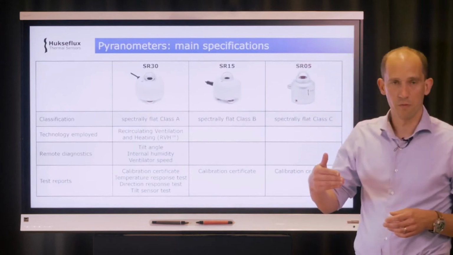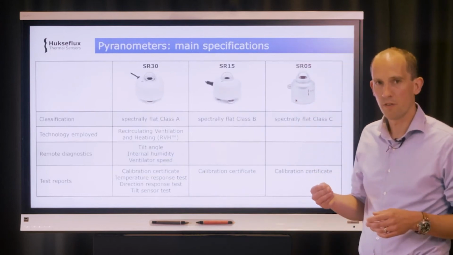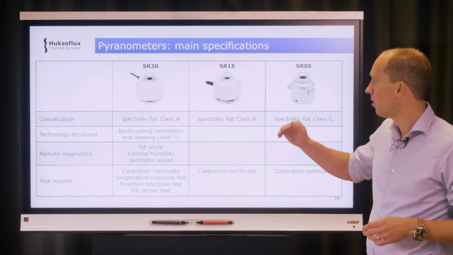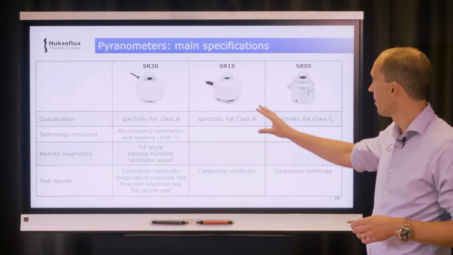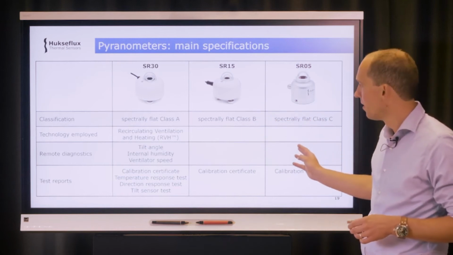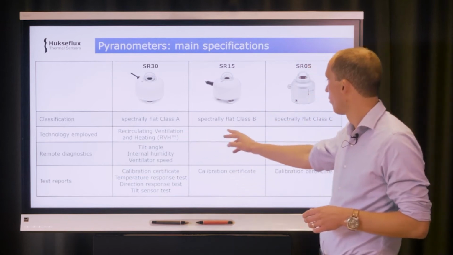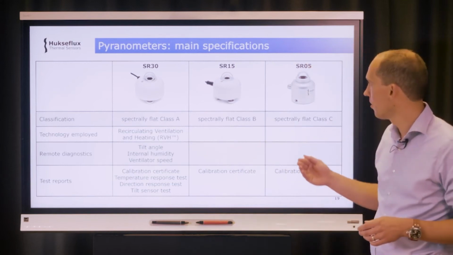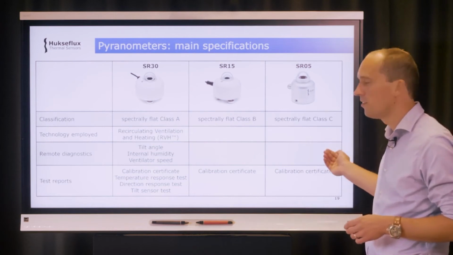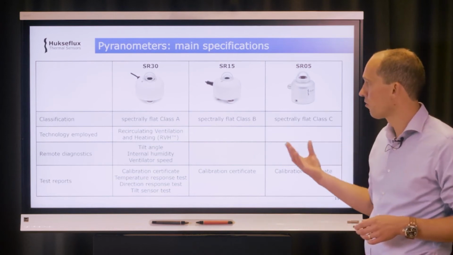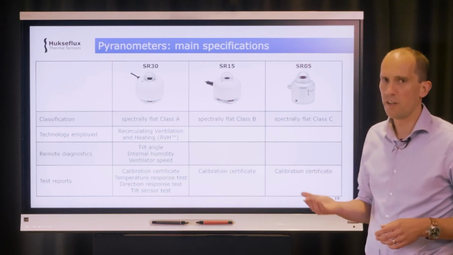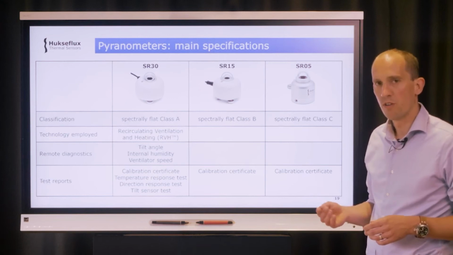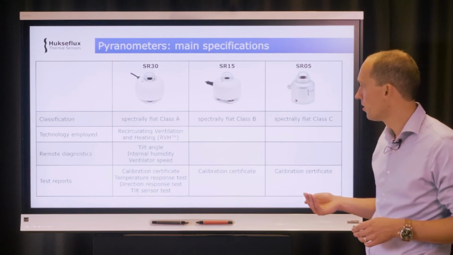Okay, let's zoom in on the different pyranometer models we offer. I've selected the few main ones here. So we have three models, SR30, SR15 and SR05. And you see immediately the classifications of these instruments are different. So SR30 is our spectrally flat class A instrument, SR15 is class B, SR05 is class C. Now the SR30 instrument has what's called recirculating ventilation and heating technology, which greatly improves the measurement accuracy and the amount of valid data points of this instrument.